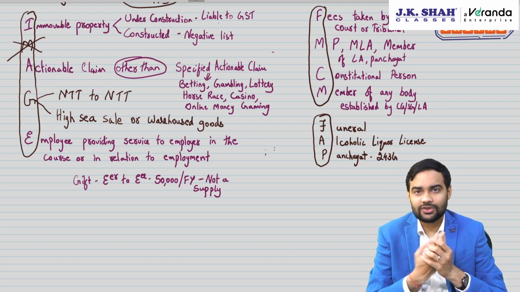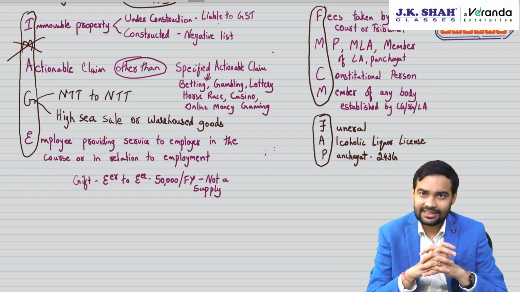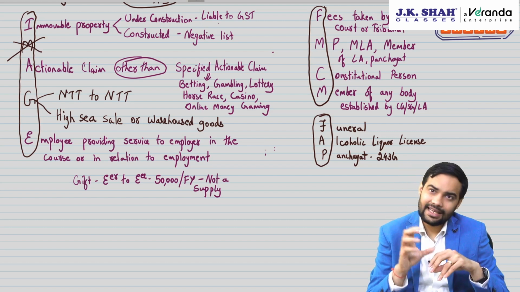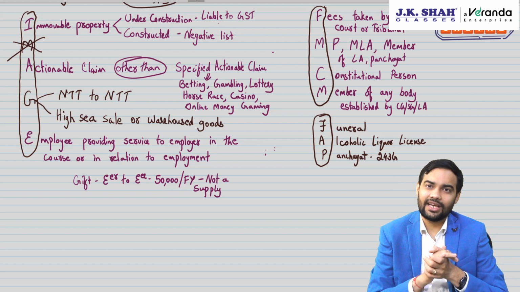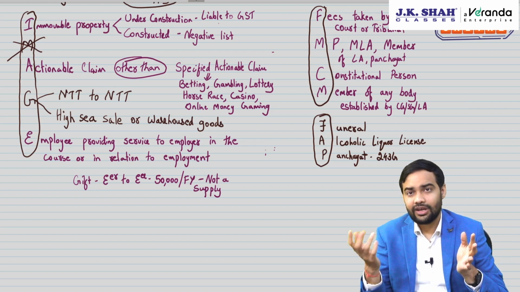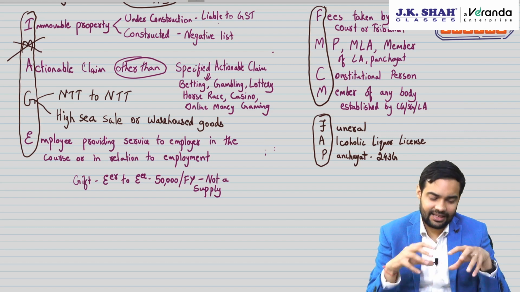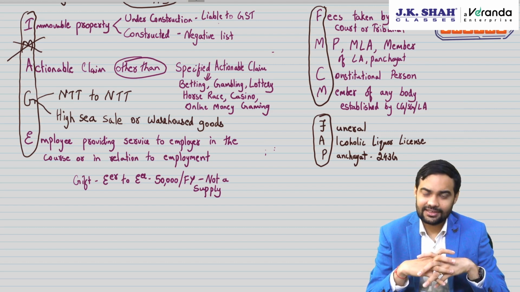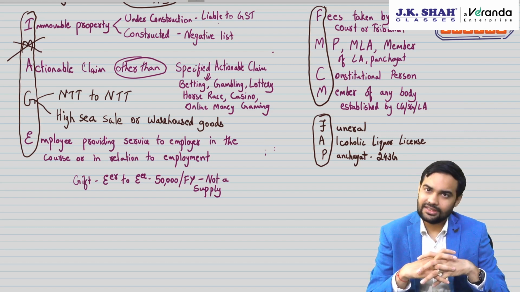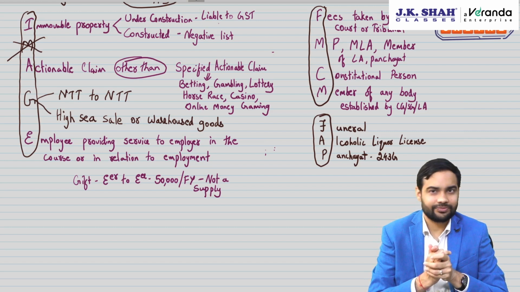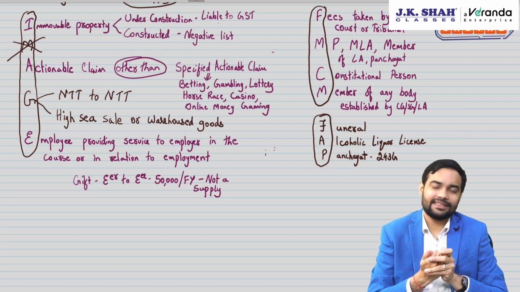Now if you sell those goods, the person who is going to purchase it, he is going to pay custom duty. Custom duty has an inbuilt IGST, and that's why, as IGST is already levied as part of custom duty, the main transaction of high sea sale is kept in negative list. Secondly, warehoused goods. Again, warehoused goods is also excluded from supply. GST will not apply.